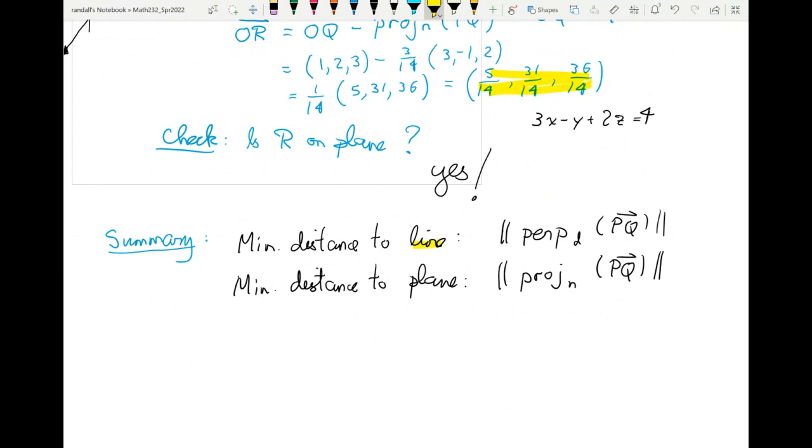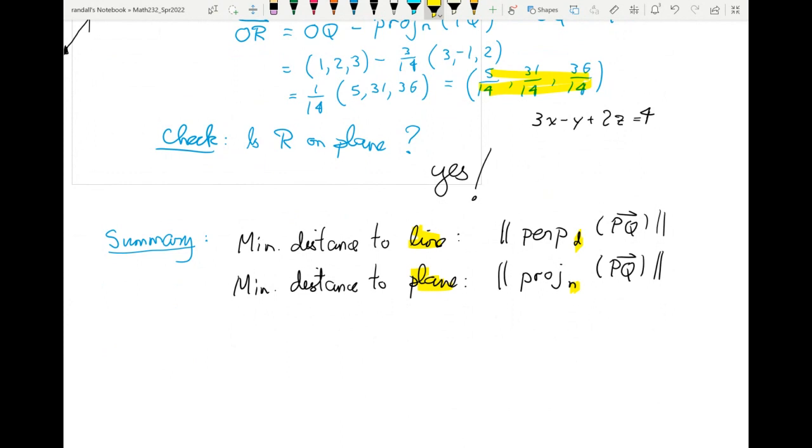When we're talking about a line, we have d, the direction of the line. When we're talking about a plane, we have the orientation vector, the normal n. Both of these minimum distance problems require orthogonal projection onto those distinguished directions, the d or the n.